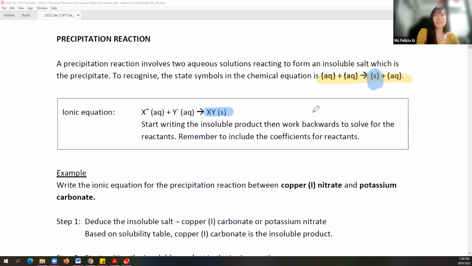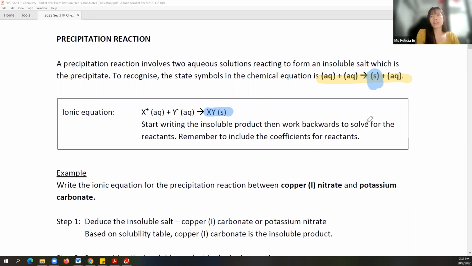You start off with writing what is the insoluble product first. That means your precipitate. Then you work backwards. So for example, if this is calcium sulfate, then you just write down calcium sulfate is actually Ca2+ and SO4 2 minus. Done.